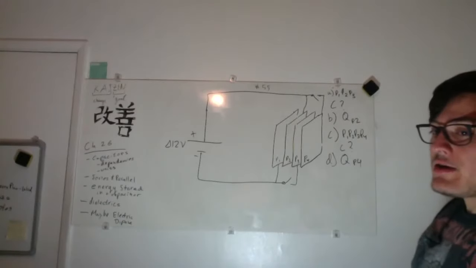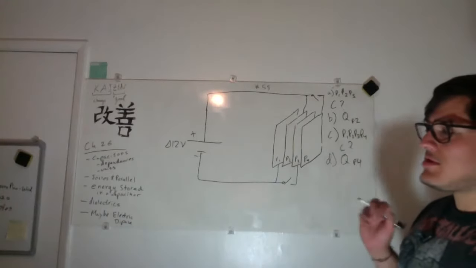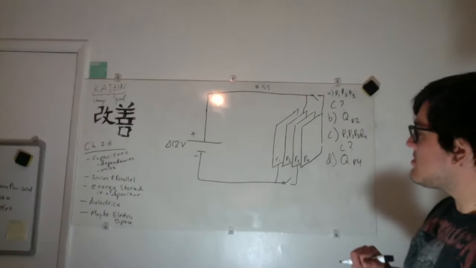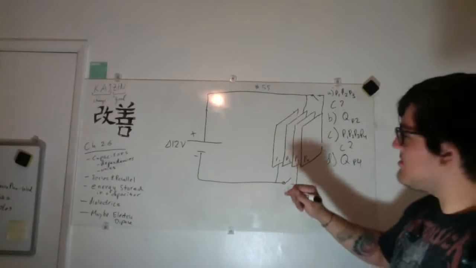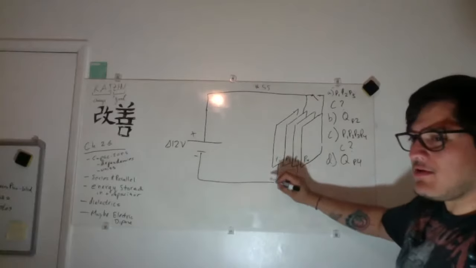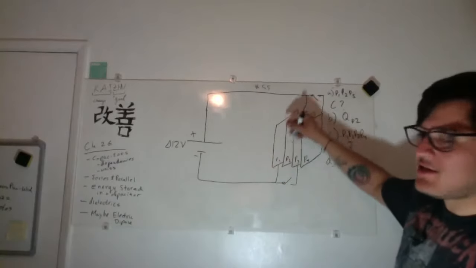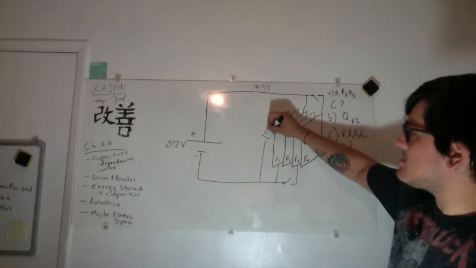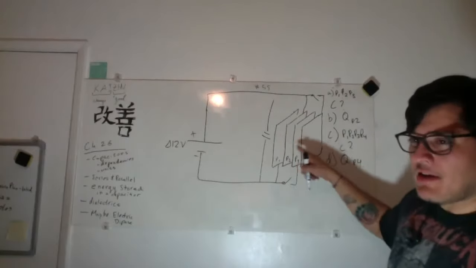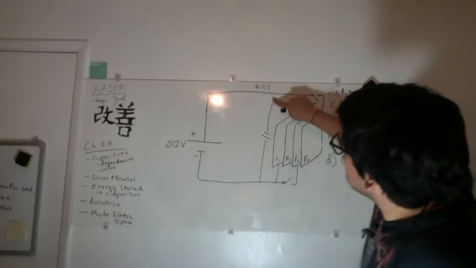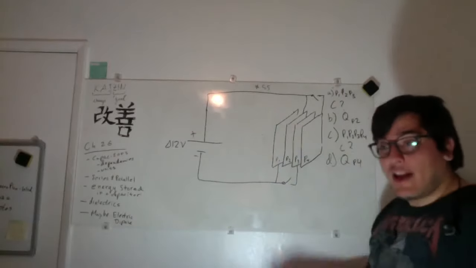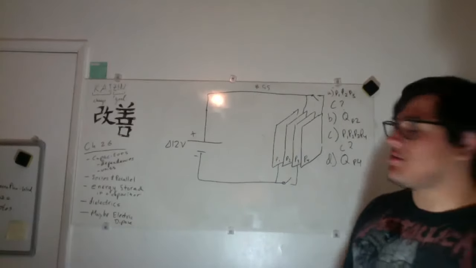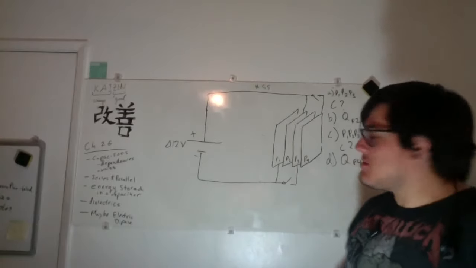So the tricky thing here is that these are just one plate. Usually we're used to seeing the circuit and a capacitor like this, but now we have these. Since they're plates and they're charged, there's an electric field.